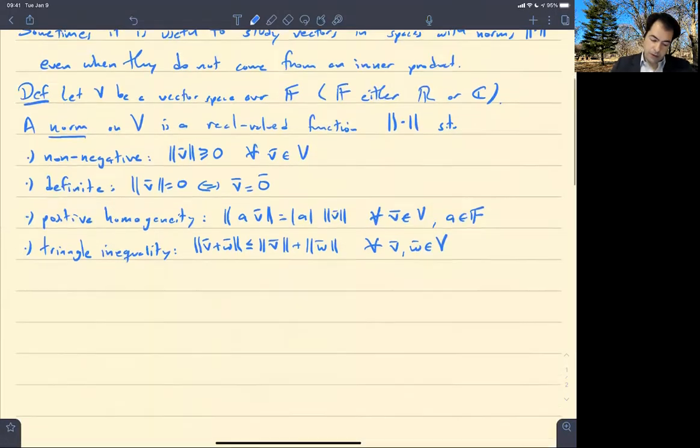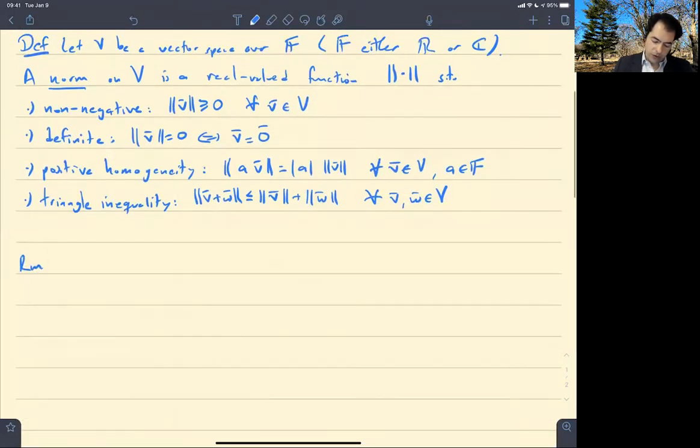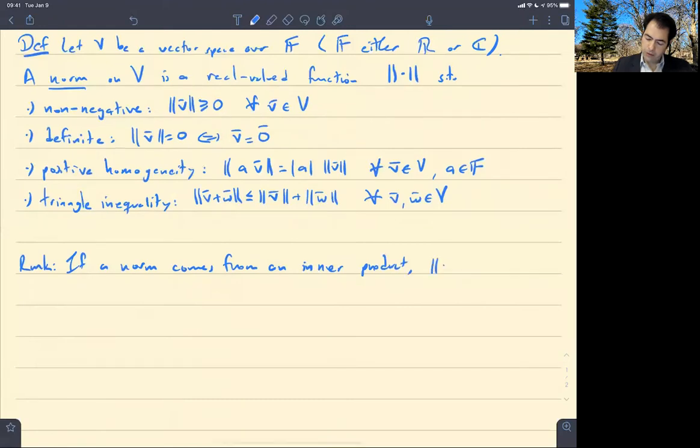Okay, so of course, our first example, and I'll just put it here as a remark, if a norm comes from an inner product, so the norm of a vector is equal to the square root of the inner product of the vector with itself, then it is a norm in the sense of this definition.